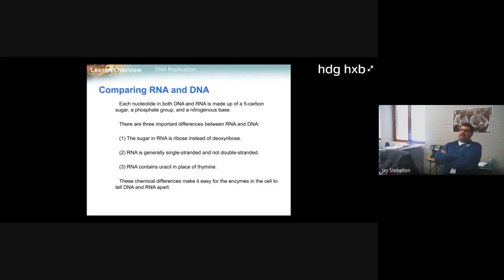So it used to be A, T, C, G. Now it will be A, U, C, G. And these chemical differences make it easy for the enzymes to tell the DNA and the RNA apart.